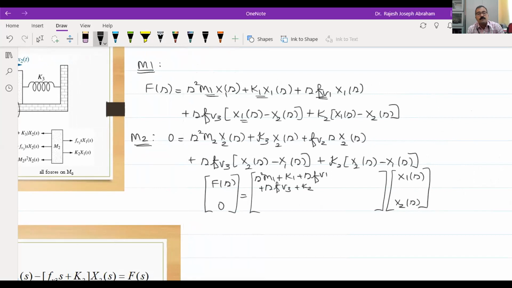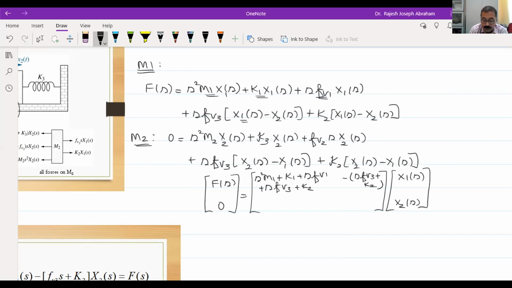Now you club x2 of s terms together. What will you get? Minus s fv3 and minus k2. So let me take the minus sign common. We'll get minus of s fv3 plus k2. Okay, that is for mass 1.